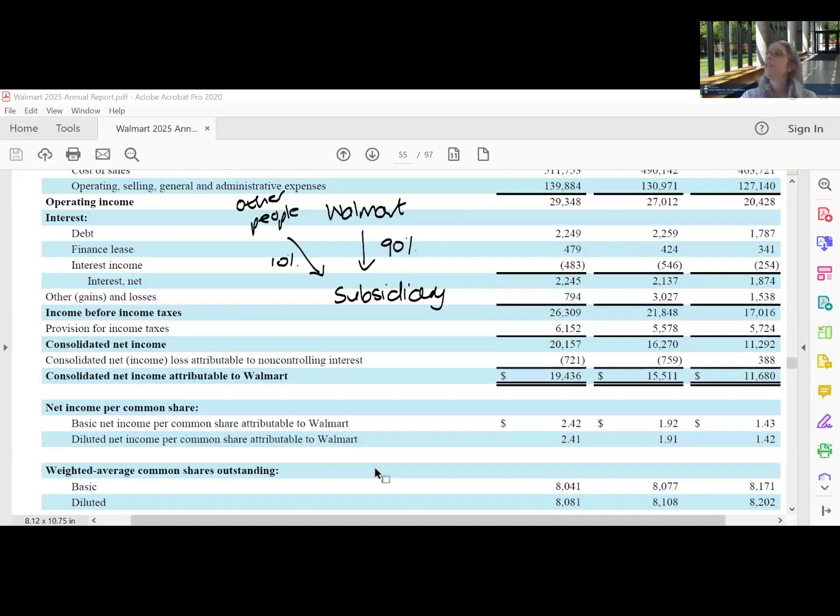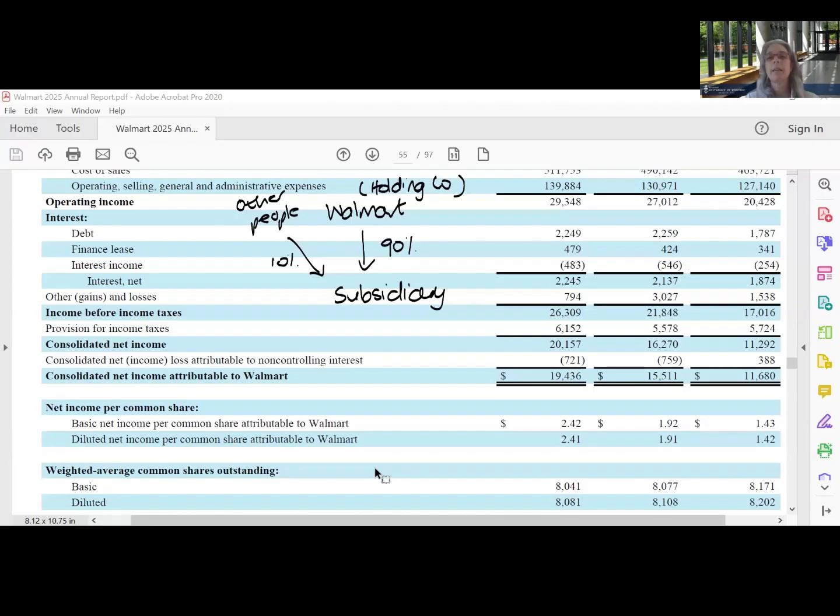What happens when you've got, so this is getting into consolidations, which is an advanced accounting topic, but it's just helpful to understand where these numbers come from. So when a holding company, so Walmart in this example would be a holding company, controls a subsidiary, and control is usually 50% plus one, what it does is it consolidates all those little subsidiaries.